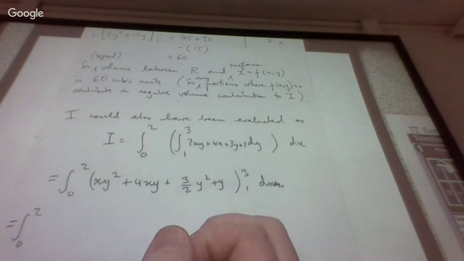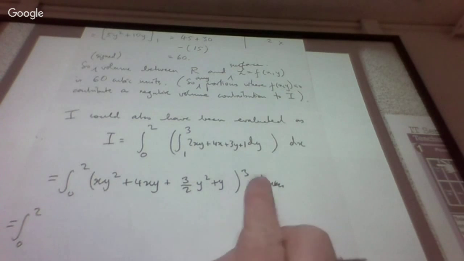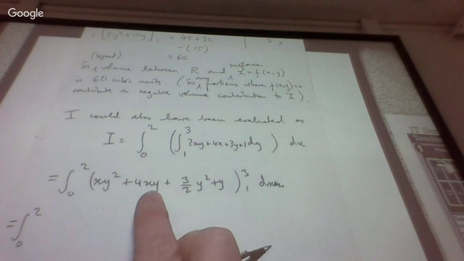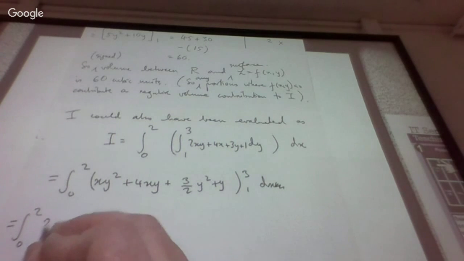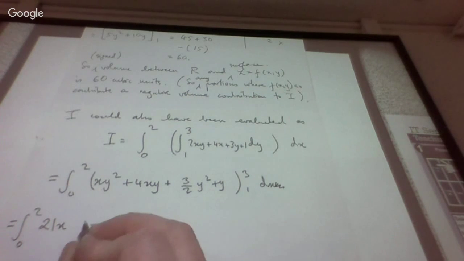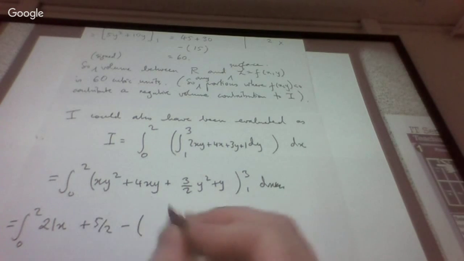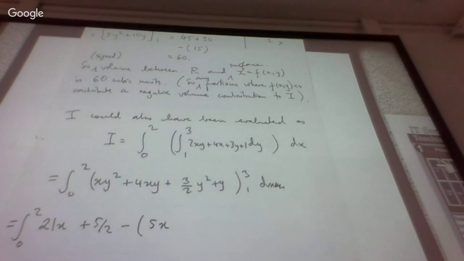So you have 9x plus 12x, which will be 21x. And constants here, you have 3 over 2 plus 1 is 5 over 2, so that's the positive part. And then the negative part is x plus 4x, so the negative part is 5x.